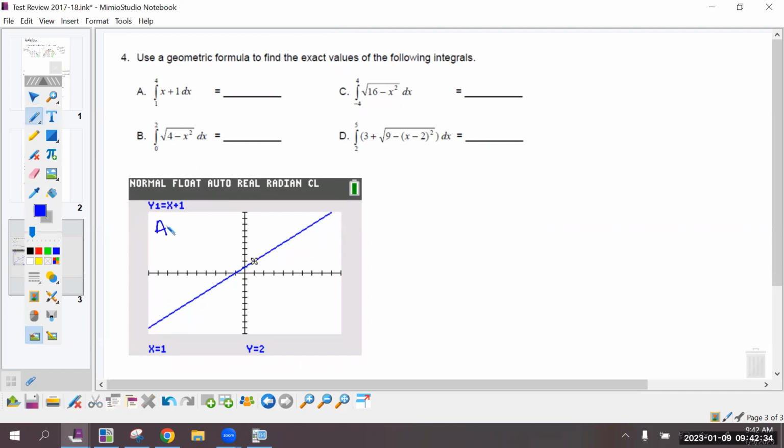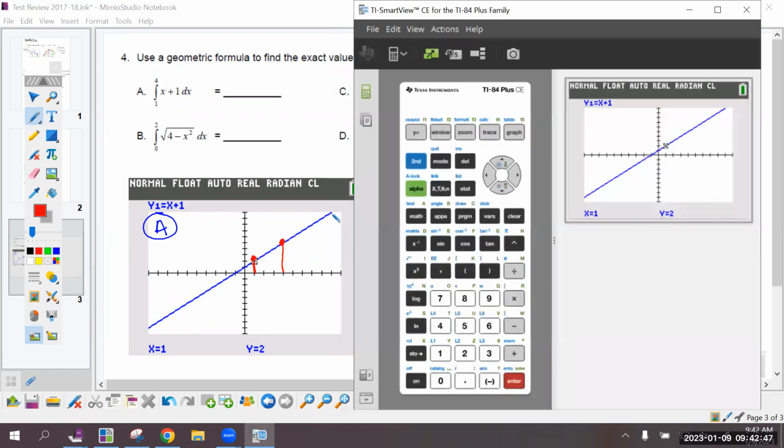All right, so for part A, we go from 1 to 4, 2, 3, 4. So I need these y values. This segment has a length of 2. Let me see, trace over to 4. This segment has a length of 5 from the y value.